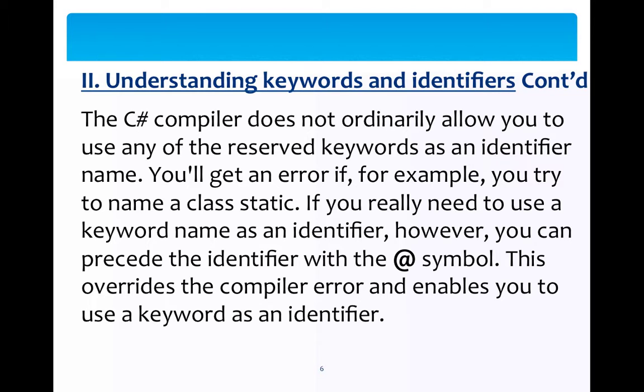If you really need to use a keyword name as an identifier, however, you can precede the identifier with the @ symbol. This overrides the compiler error and enables you to use a keyword as an identifier.